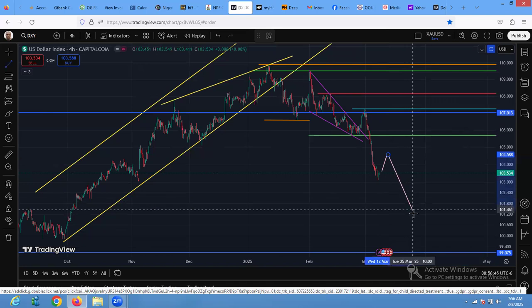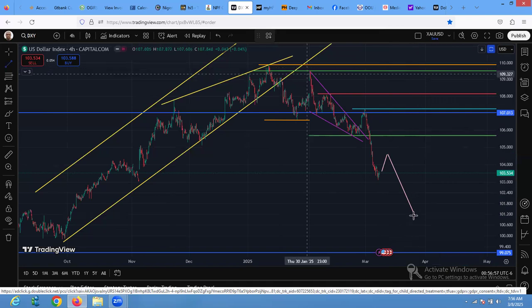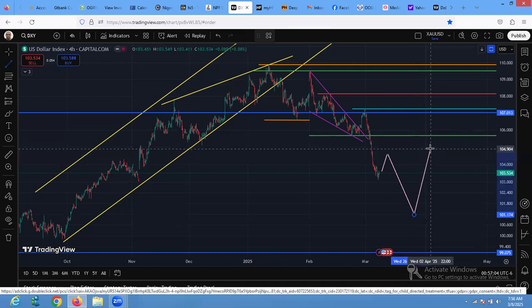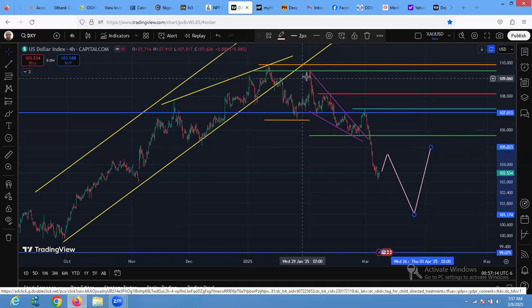So once we are done with that fifth wave of that tree, we want to go again for a fourth wave of the bigger cycle. 1, 2, 3. A fourth wave, maybe it may just break this area slightly. That will be the fourth wave in the bigger cycle.